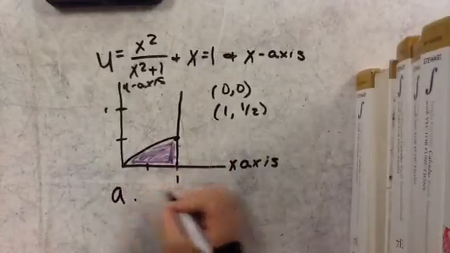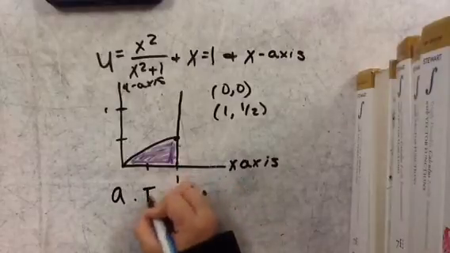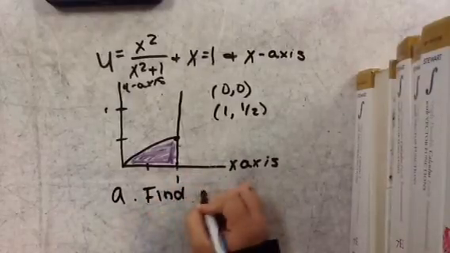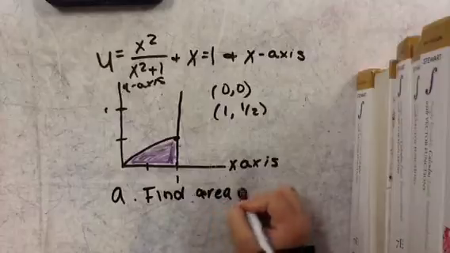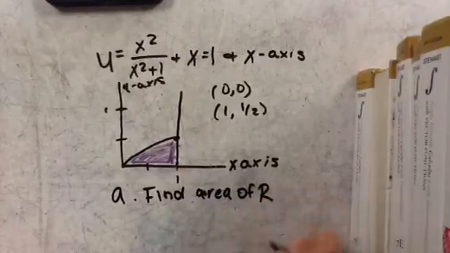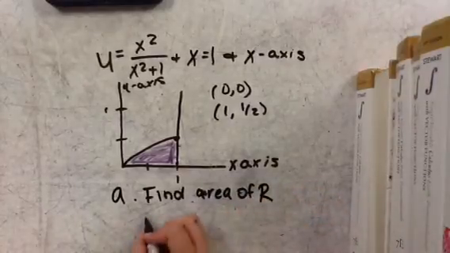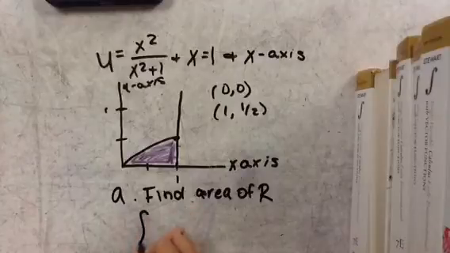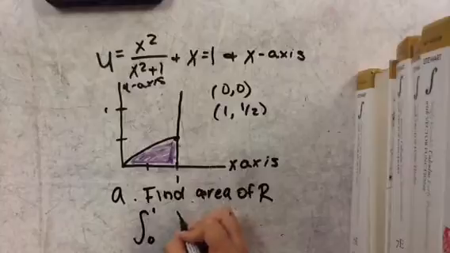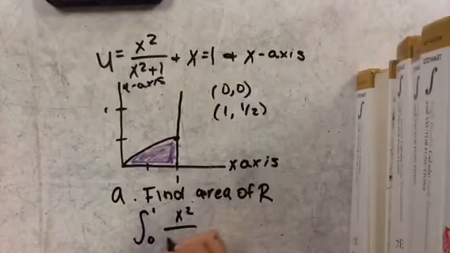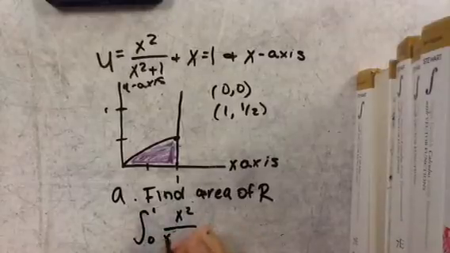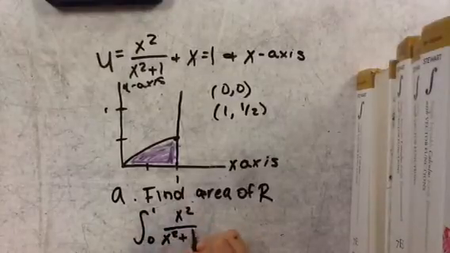So now we want to solve part A, which says to find the area of R, which is the shaded region. So first we're going to take the integral from 1 to 0 of x squared over x squared plus 1 dx.